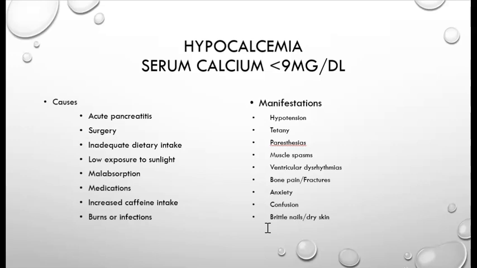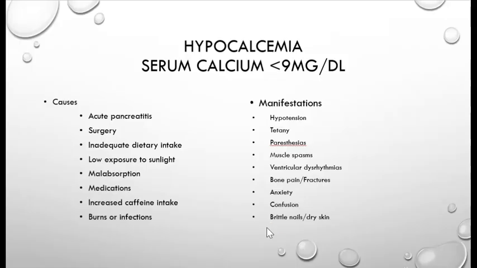Other causes can be your parathyroidectomy, your thyroidectomy, lactose intolerance, alcoholism that decreases intestinal absorption and intake, malabsorption, decreased dietary intake, inactivity also causes bone loss, medications like Lasix or anticonvulsants, Dilantin and phosphates, and decreased estrogen levels such as in menopause. Renal failure can also cause issues with these, and massive blood transfusions.